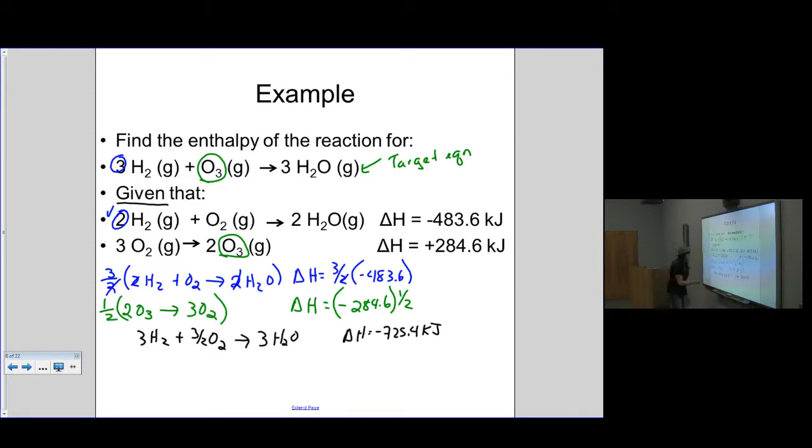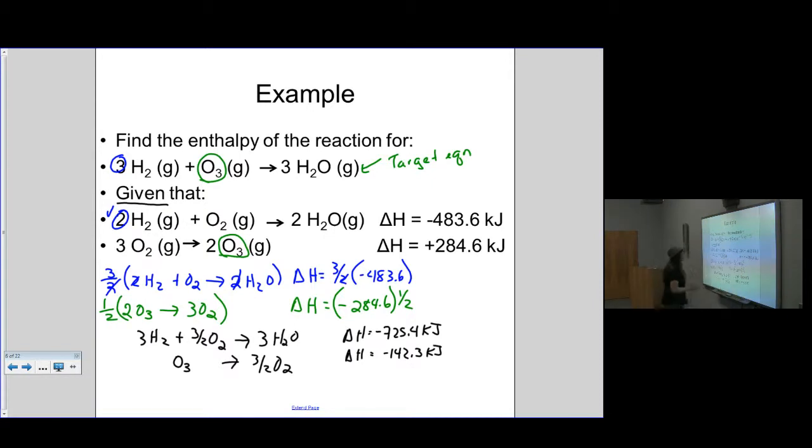And then I'm going to do the same thing and clean this up some. And so now I have O3 yields 3 halves O2. And for my delta H reaction here, this is going to be negative 142.3.